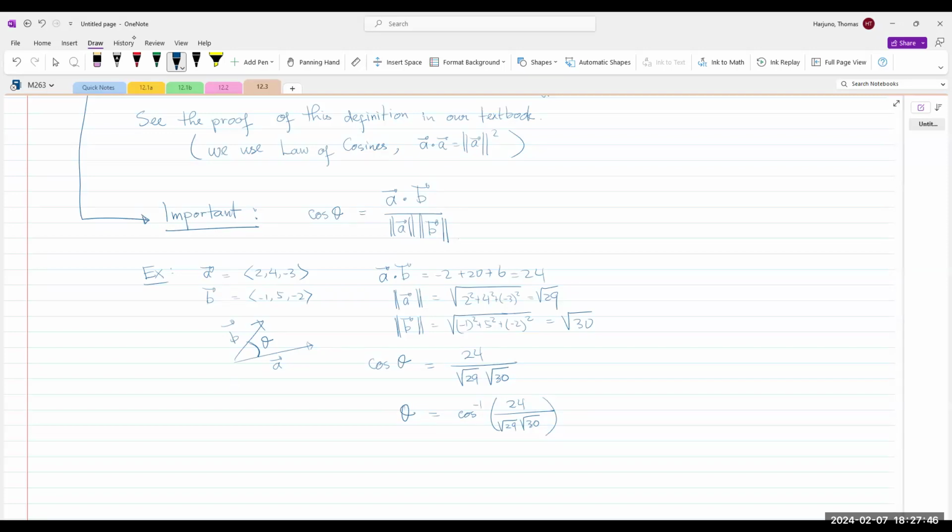Okay, in my class, round to 5 decimal places.